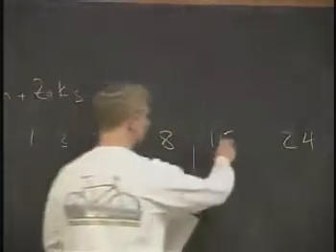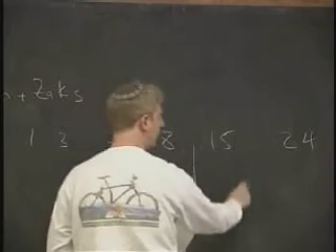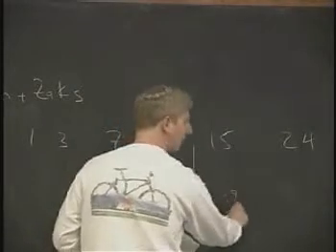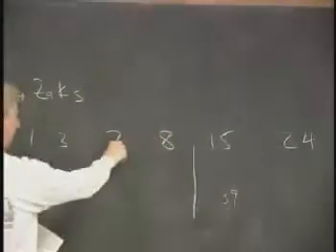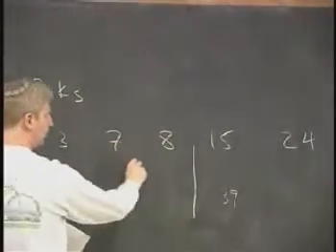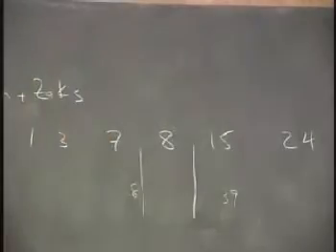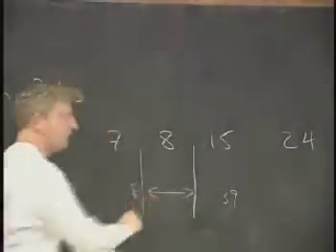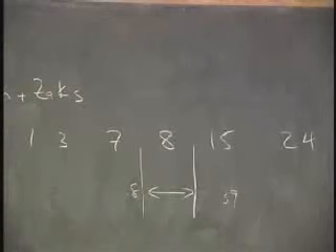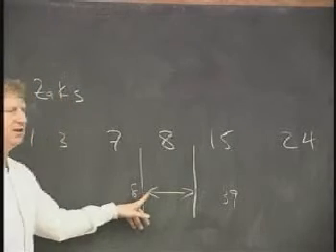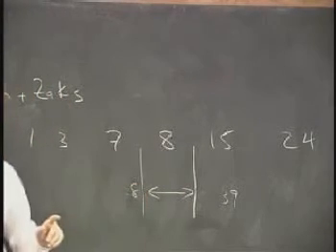So it's 15 plus 24, which gives you 39. And the third coin is 7. Add 1 to it gives you 8. So somewhere in this range, between 8 and 39, if the greedy approach is not going to work, you can find an example in this range where it won't work.